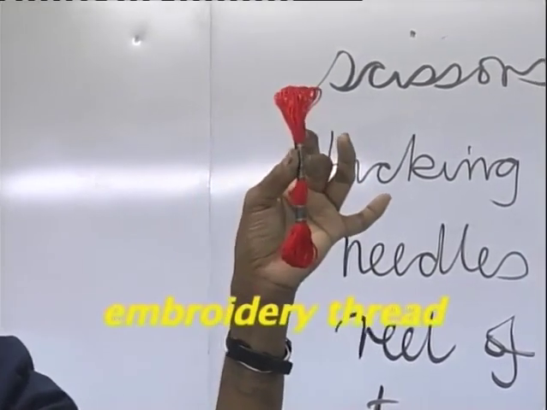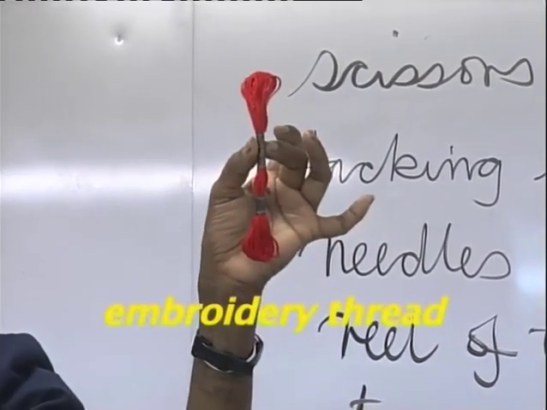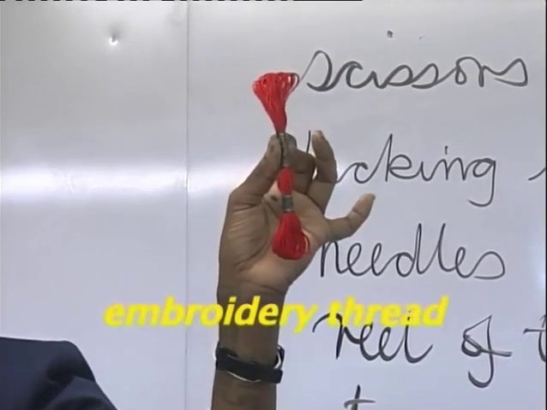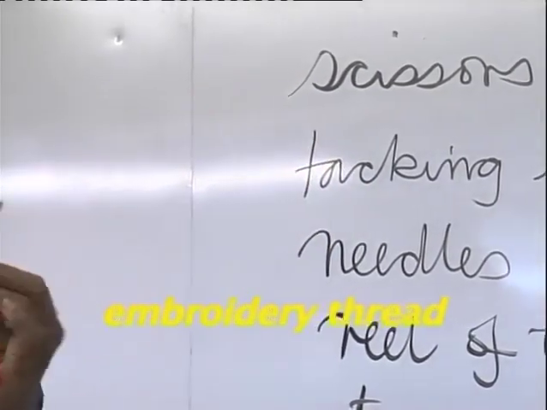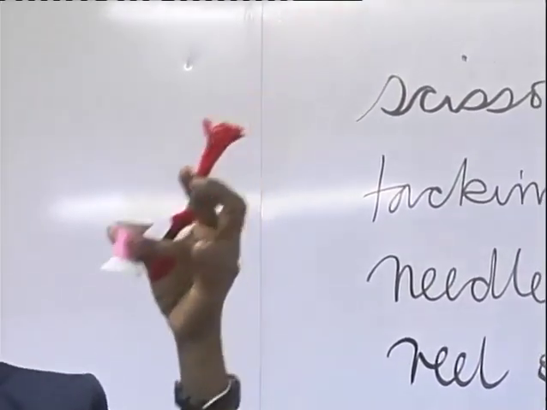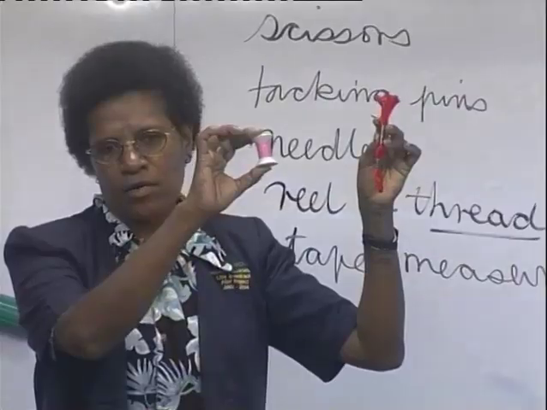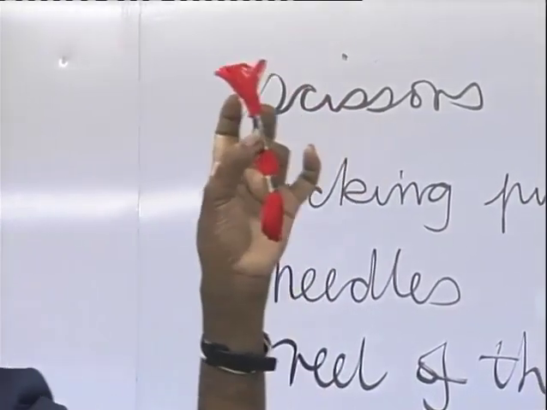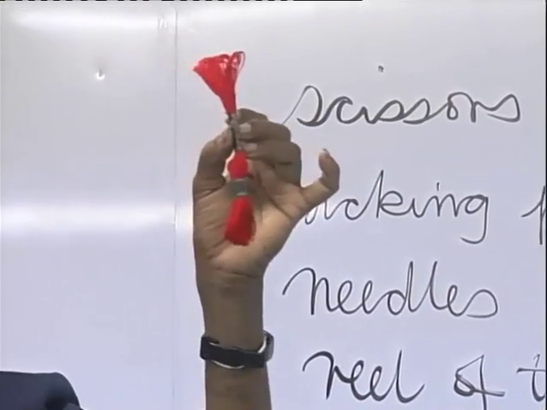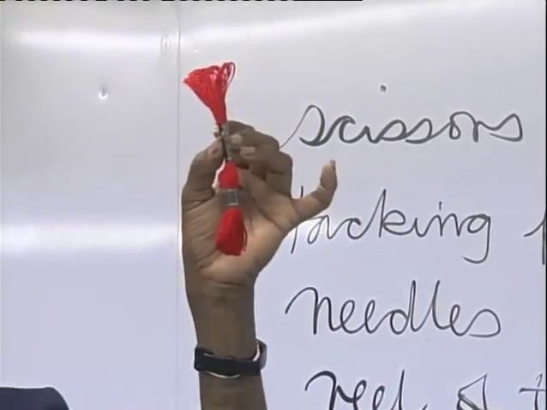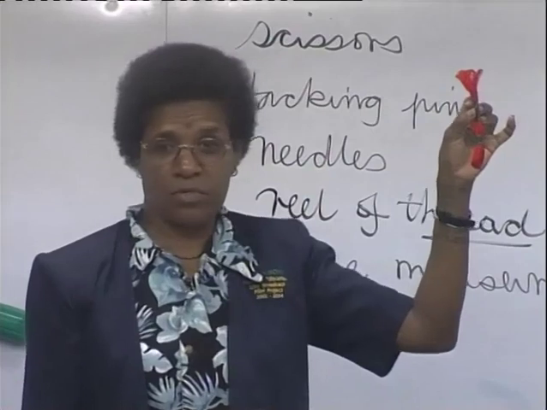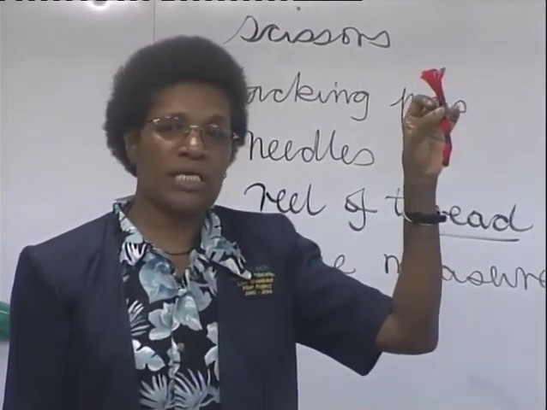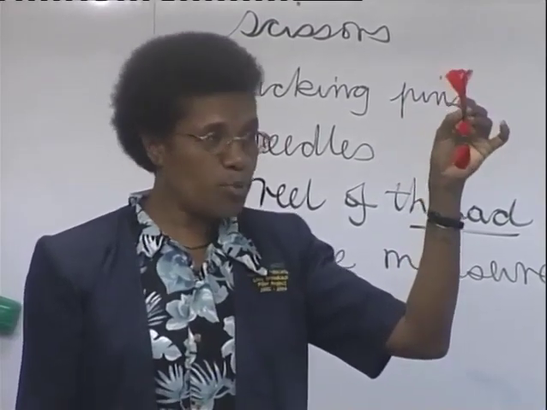Okay, I'd like everybody to say that together. Embroidery thread. Again, embroidery thread. So there are two types of thread. One is a normal thread for sewing, and embroidery thread is for putting some designs and whatever patterns on clothes or whatever that needs to be made to look beautiful.